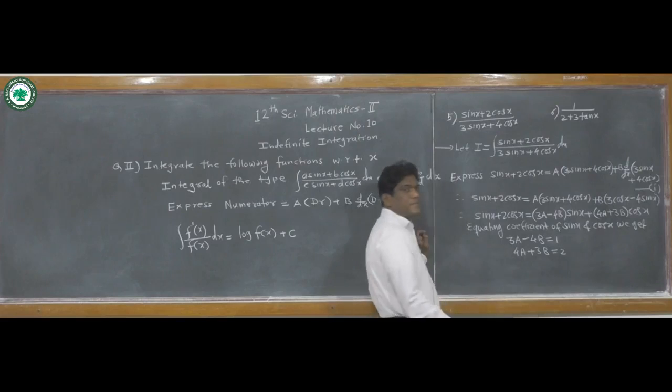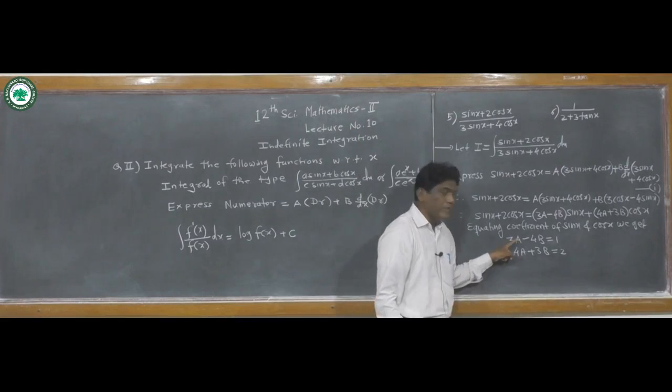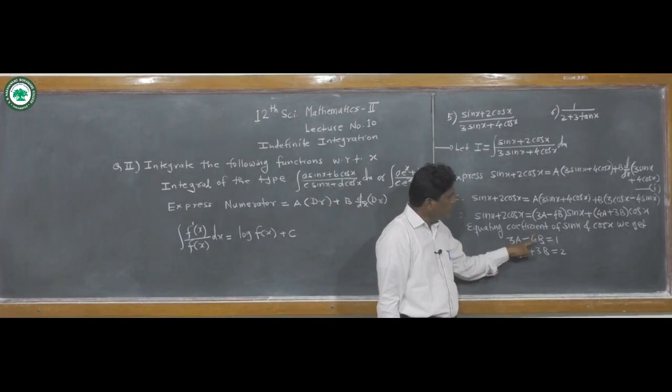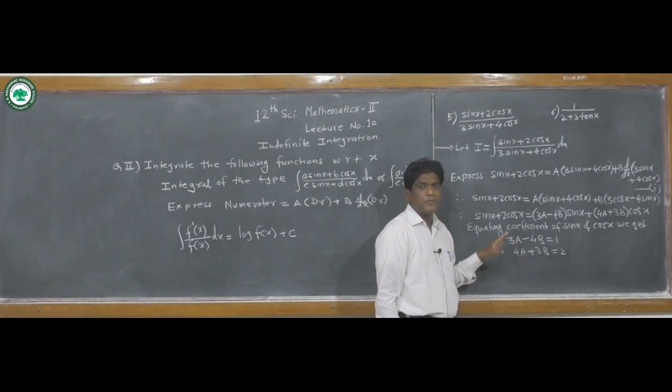We equate the coefficients of sin x and cos x and get these two equations. Now we have to find the values of a and b using these two equations.